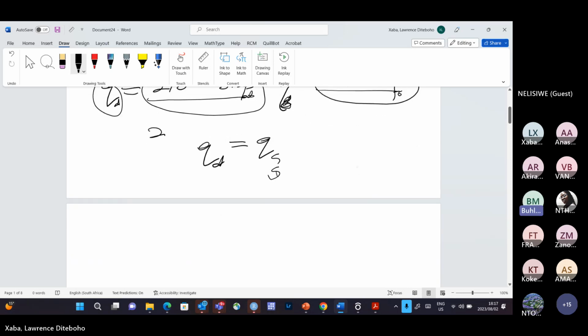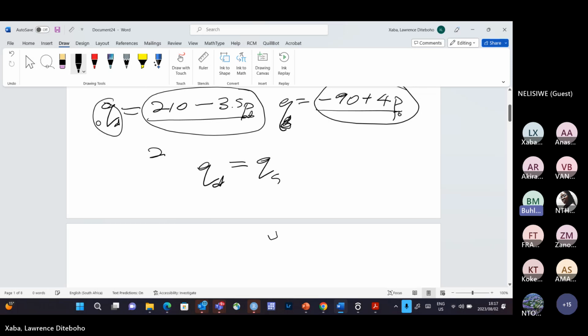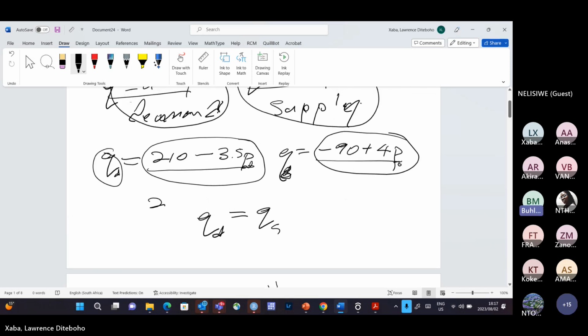Sorry, Mr. Klaba, while you're writing there, can you just repeat that? Where we're saying 210 minus 3.5 P subscript D, you mentioned that we substitute. Are we moving something to the other side? Can you repeat your question?